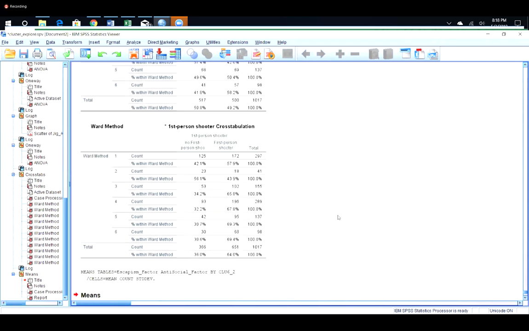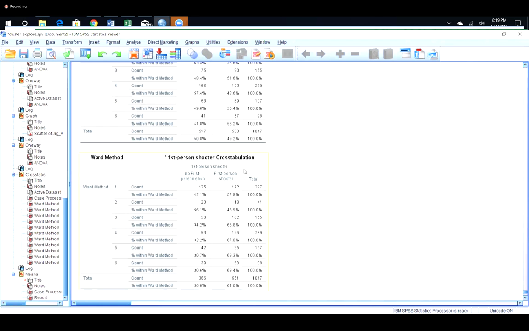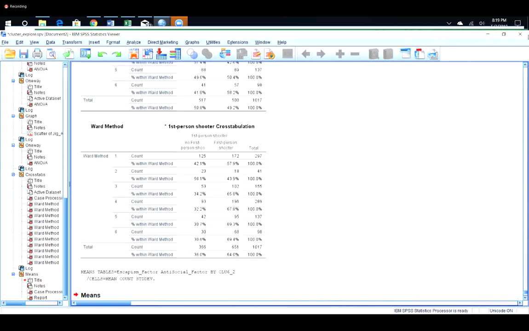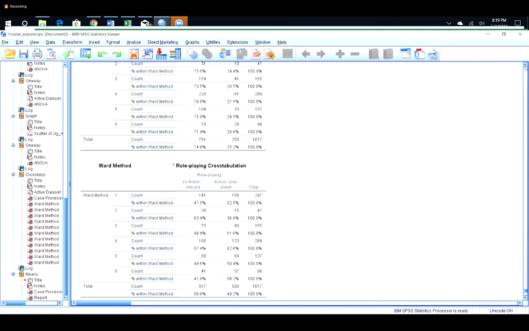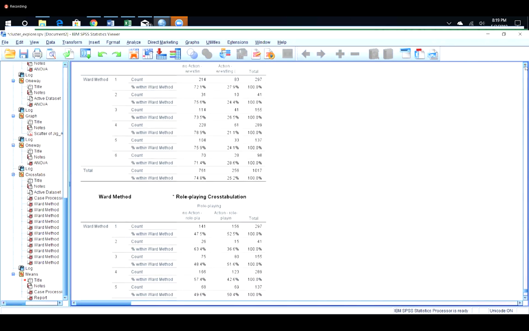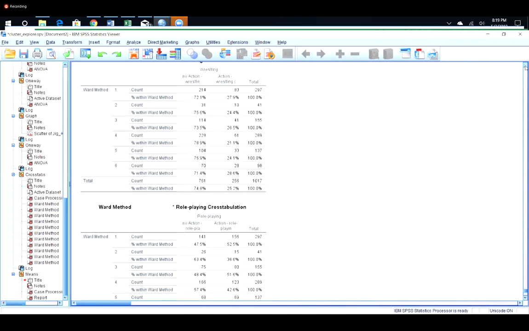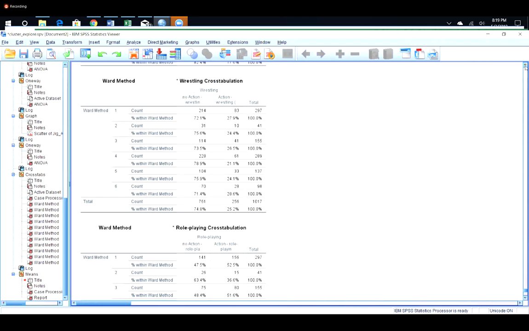And there may be, as you scan through, particular games that everybody plays. Let's see. Maybe role-playing. Yeah, so this one, there's not much difference between the rate of play.